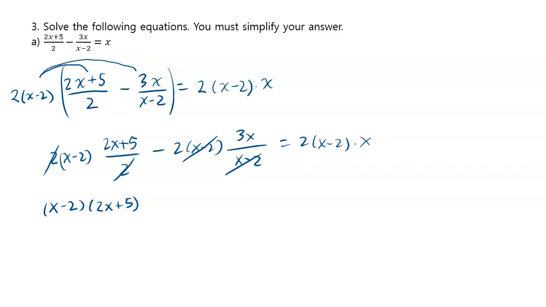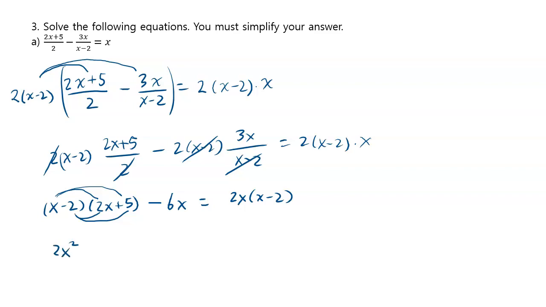On this side, negative 2 times 3x, that's easy, it's just negative 6x. Let's multiply 2 times x together, so you have 2x and then x minus 2. And we will need to do the FOIL here. First, outer, inner, last, FOIL. x times 2x gives you 2x squared.